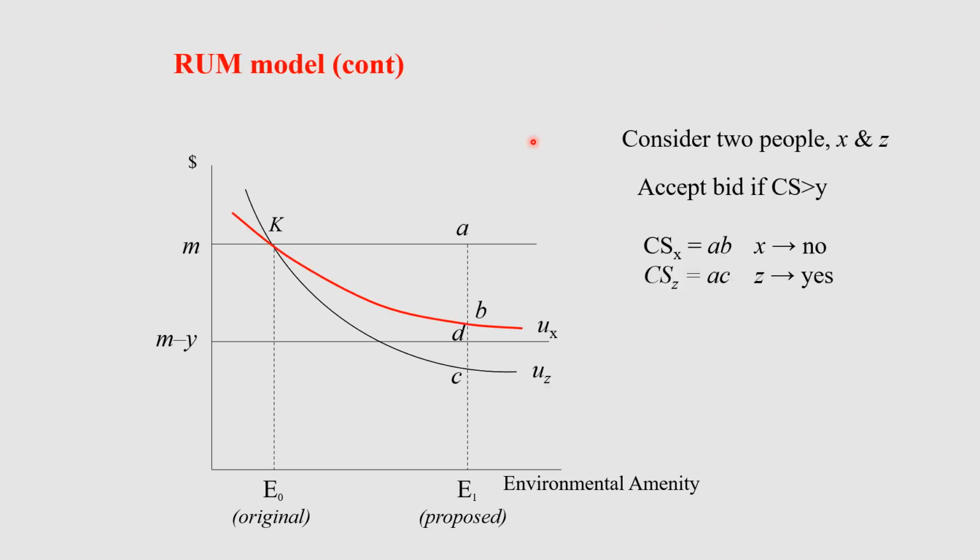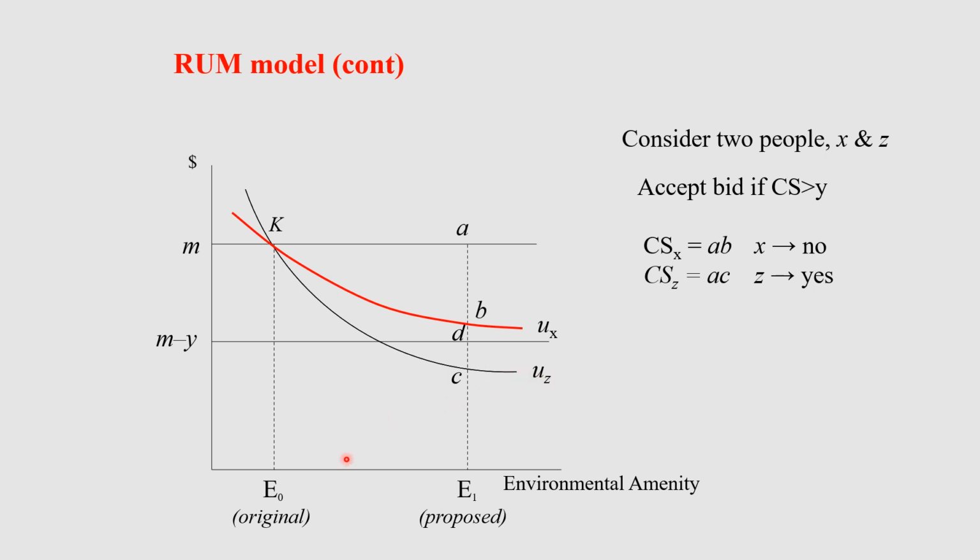To illustrate how the random utility maximization model works, consider two individuals, X and Z. X has an indifference curve that goes through K, the original point, and is denoted U sub X, and it's in red. Individual Z has an indifference curve that also goes through K, but is lower at point E1, UZ.